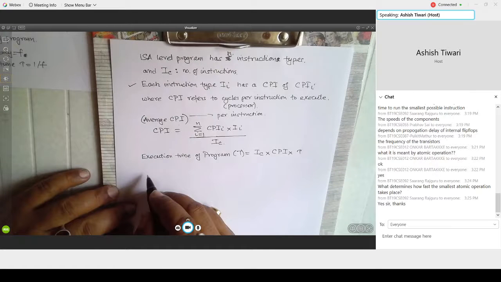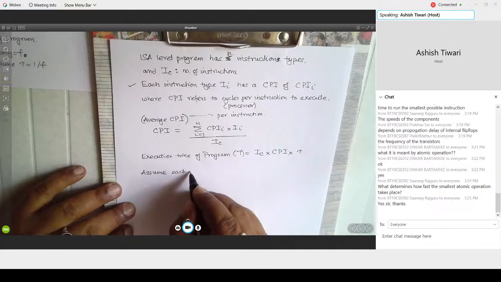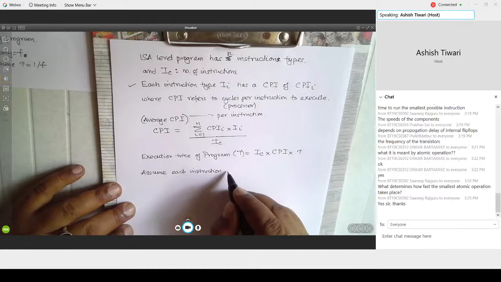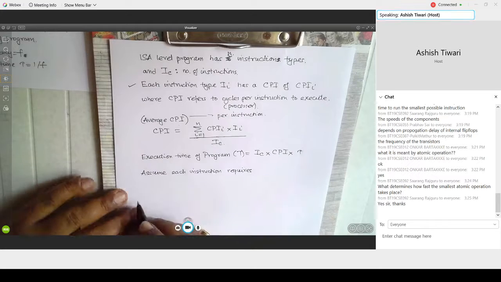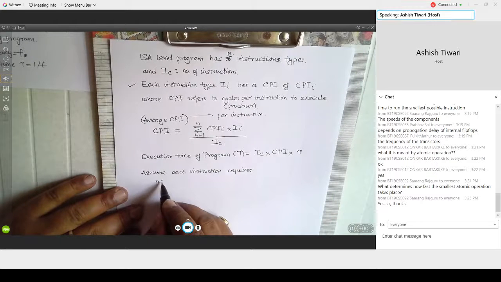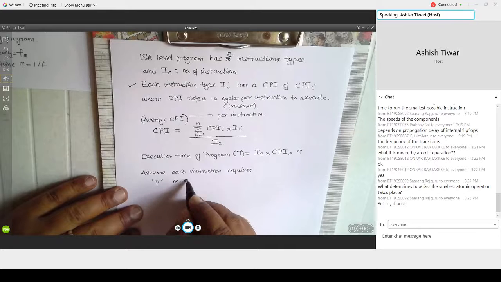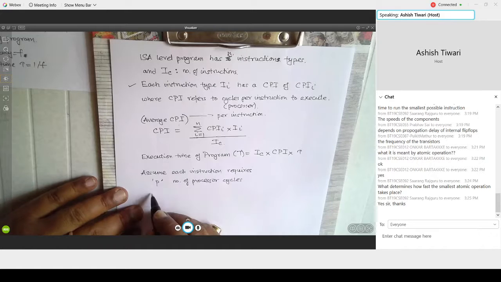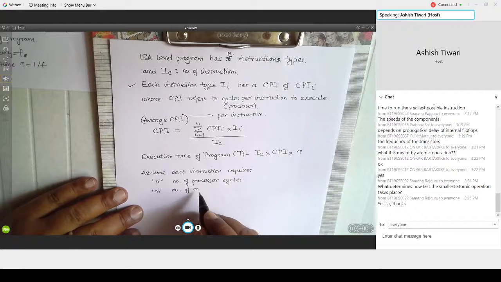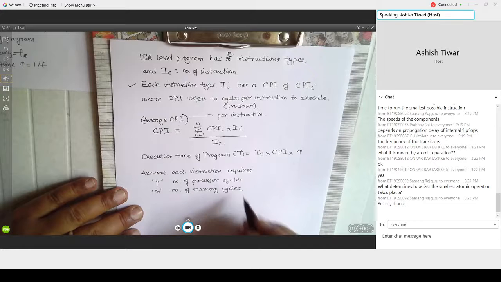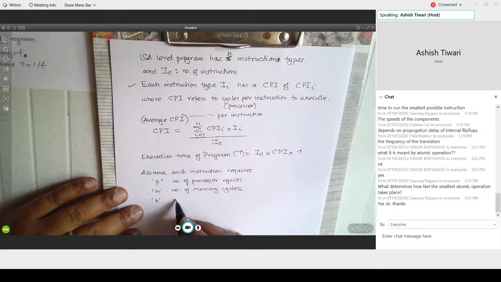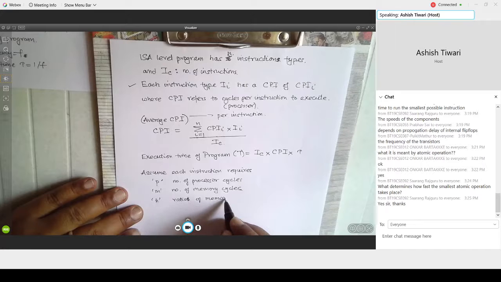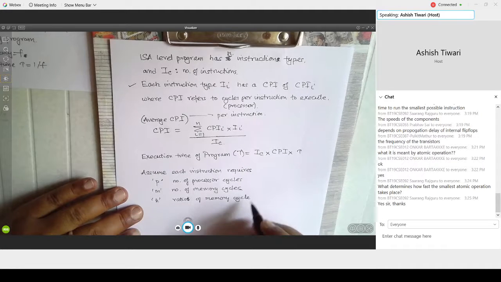Assume each instruction requires P number of processor cycles, M number of memory cycles, and K is the ratio of memory cycle by processor cycle.